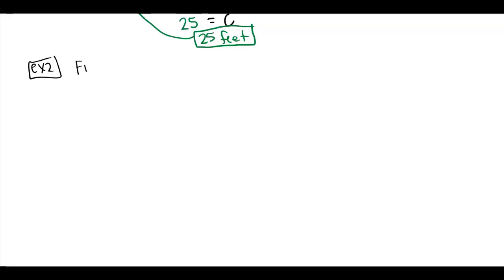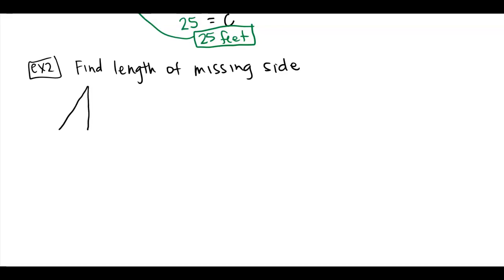So I'll just say find the length of the missing side. All right, so this time I have something that looks like this, and I know that this is 5 meters, and this one is 13 meters.